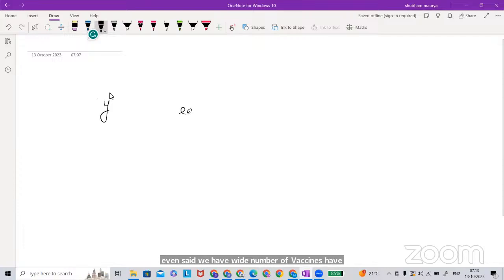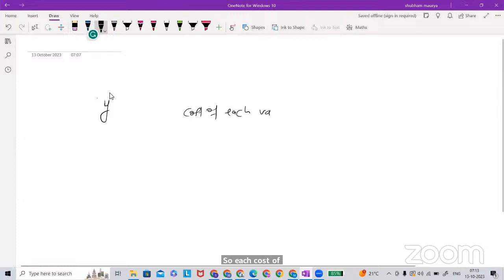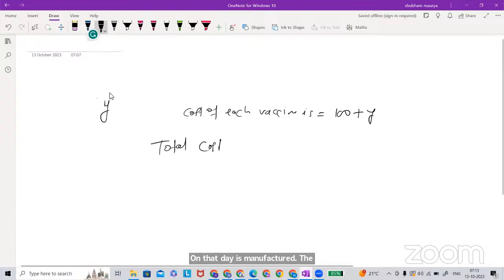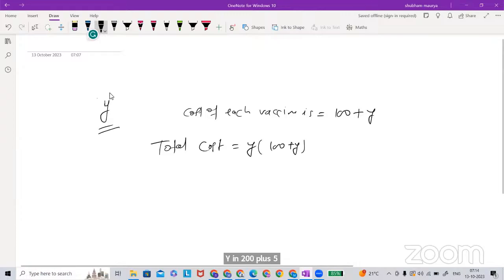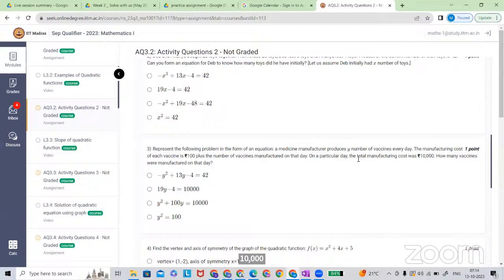So the cost of each vaccine is 100 plus Y. So the total cost, how much will it be? Y into 100 plus Y, because we have Y number of vaccines, so this much will be the total cost. And this is given as 10,000 rupees. The total manufacturing cost is 10,000.